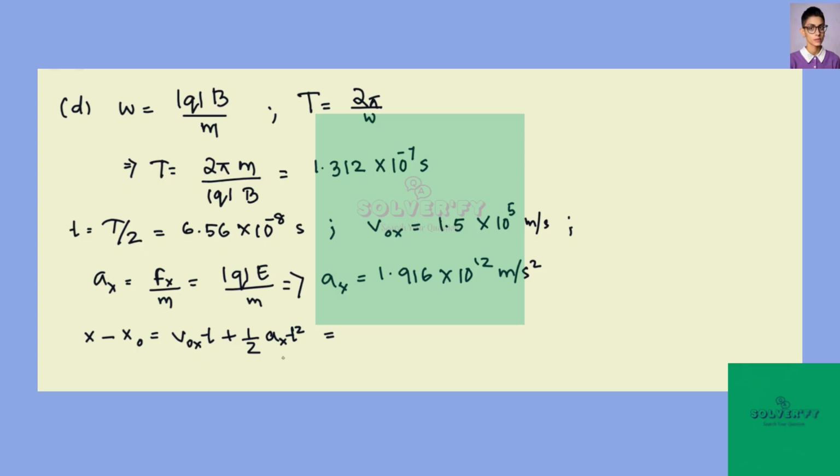We basically have all the values of the constants that we need: ax here, v naught x here, and the time we also have. So we use those values in this equation and we get x minus x naught to be equal to 1.40 centimeter.